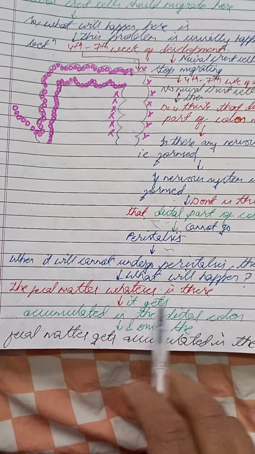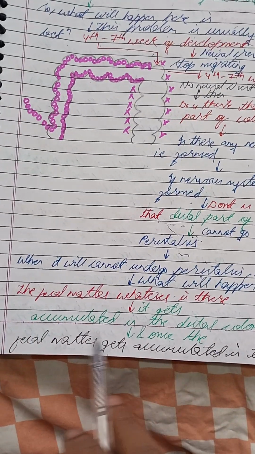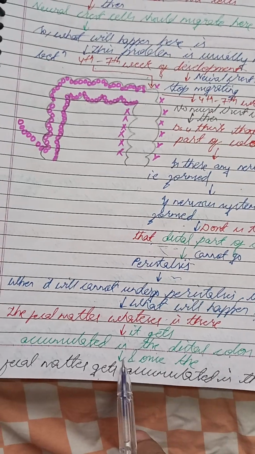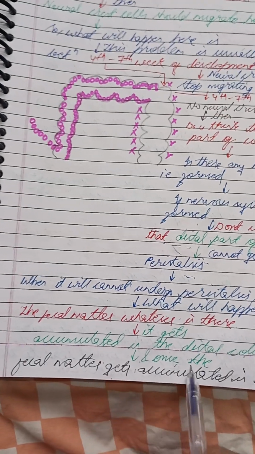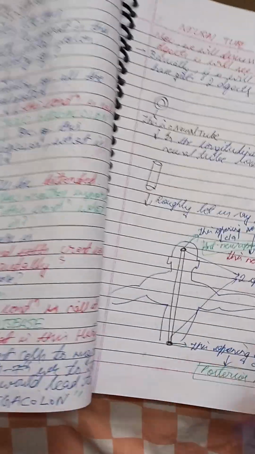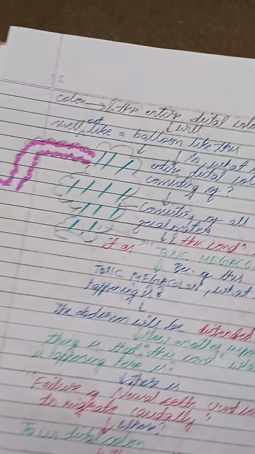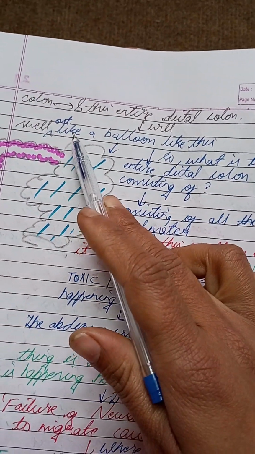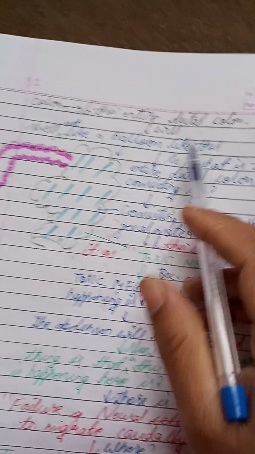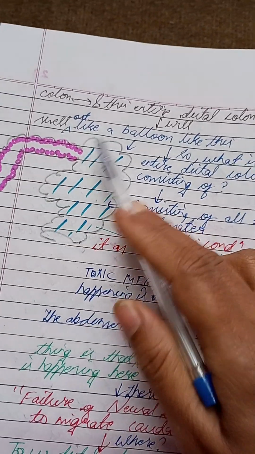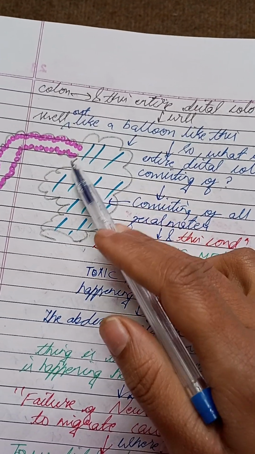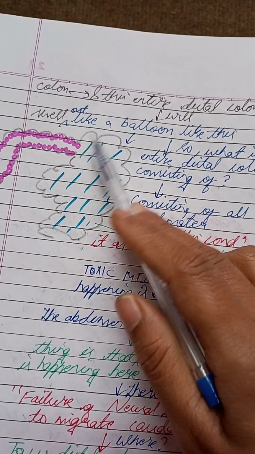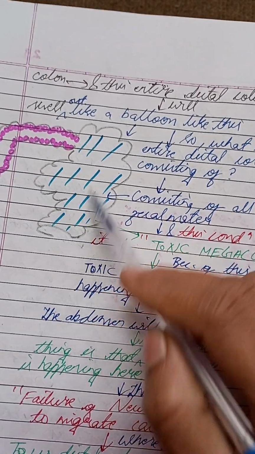The fecal matter gets accumulated in the distal colon, and this entire distal colon will swell out like a balloon, like this. The entire descending colon will swell like a balloon.